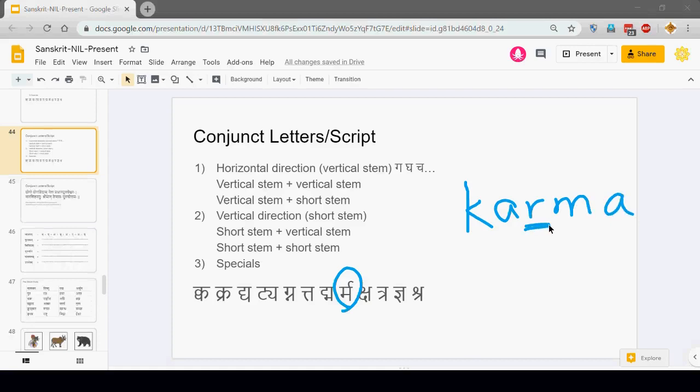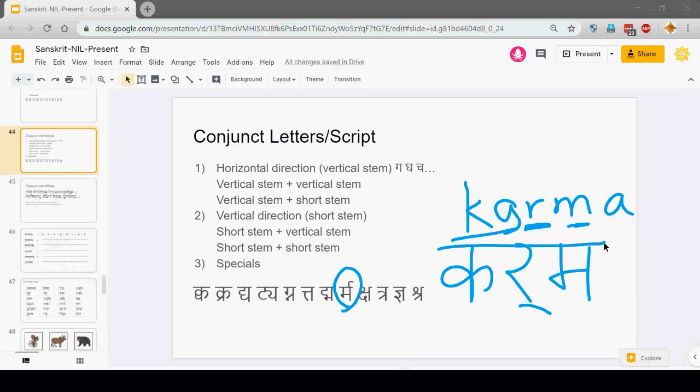Note that before this ma sound, there is a ra sound, without any vowel there. Karma. So ka is written like this with the a sound, and there is a ra consonant. We can write it like this, and ma. This is writing it separately. Karma. Separate Devanagari letters.